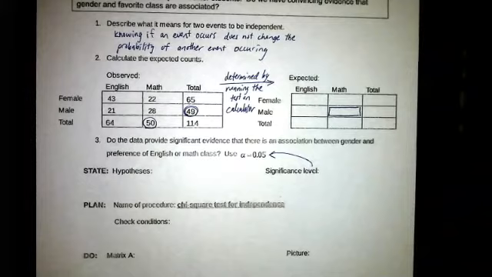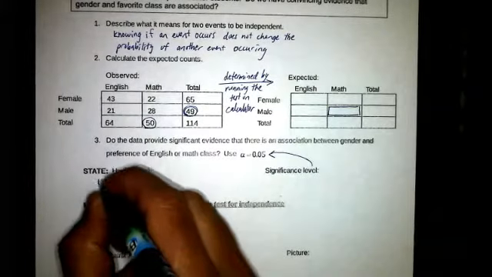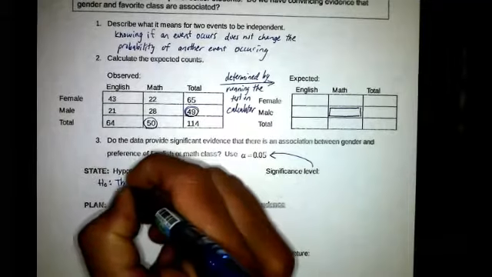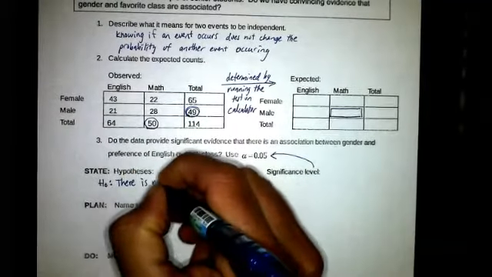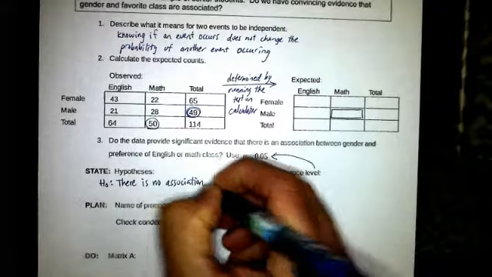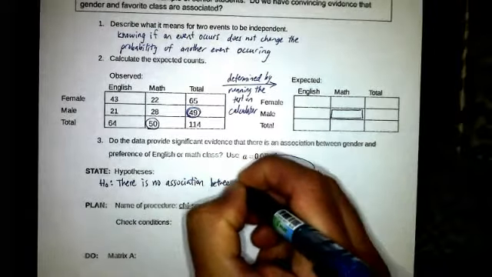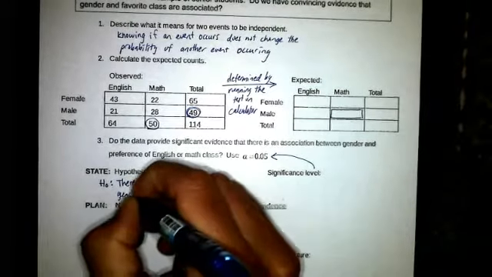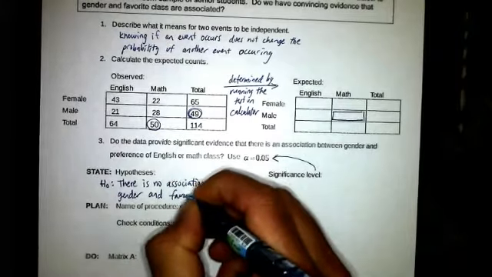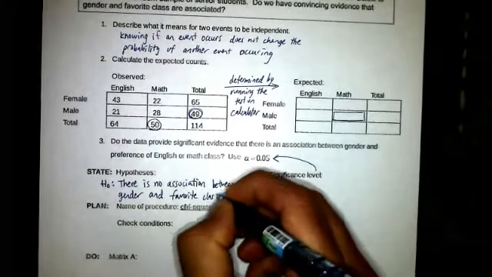For our test here, just like before, we want our hypotheses. Our null hypothesis is that there is no association between gender and favorite class.